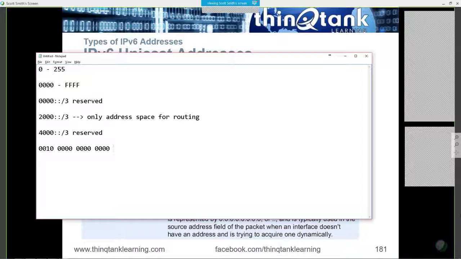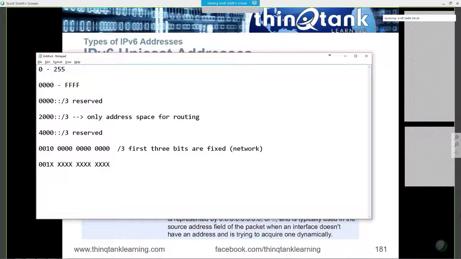The /3 means the first 3 bits are fixed. They're part of the network, which means that the remaining bits are not fixed. X. You guys follow me so far, right?